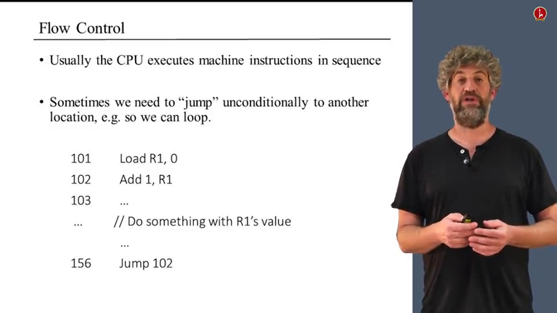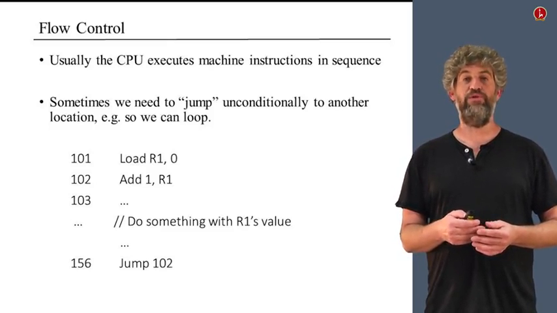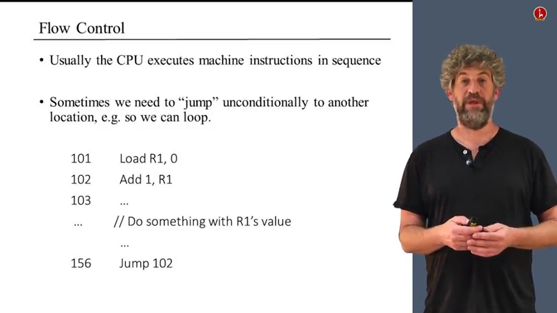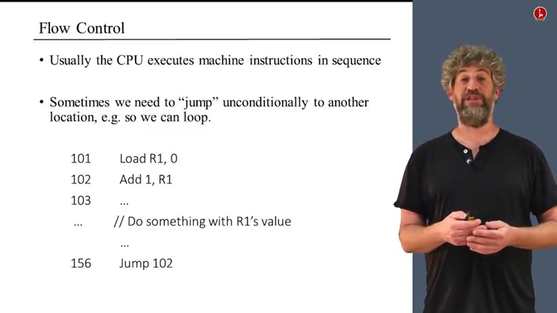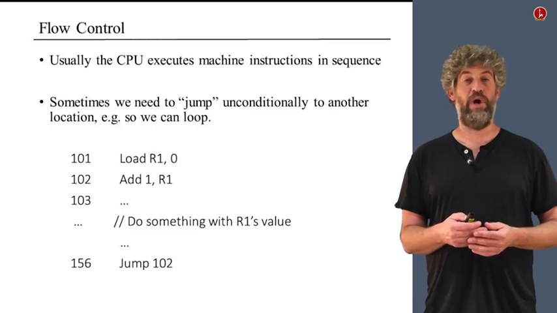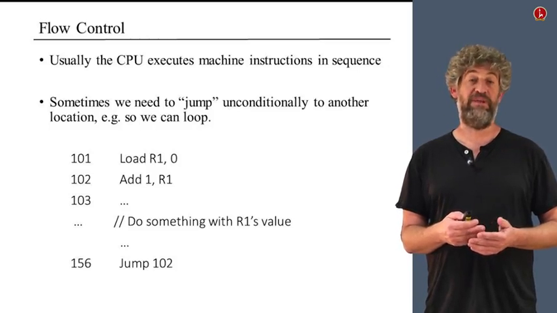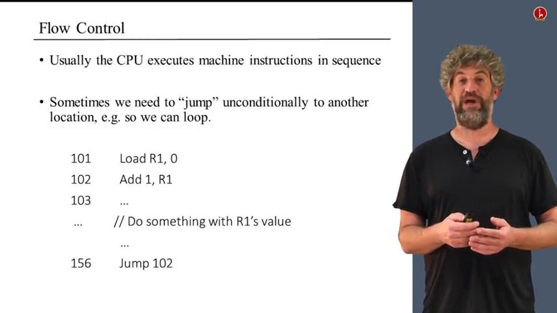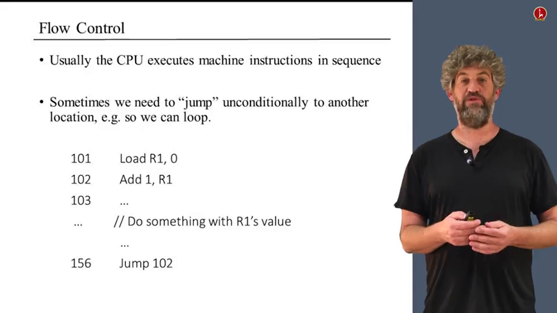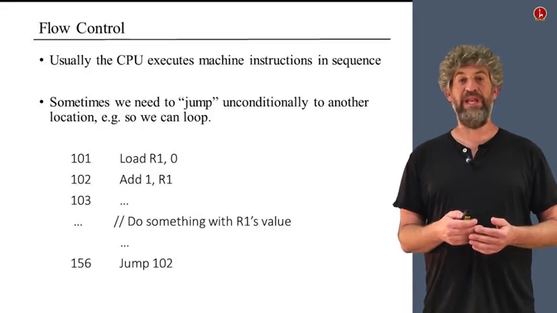Suppose we want to start and do something for values 1, 2, 3, 4, 5, 6, and so on. The way we do it, we will have some kind of register holding these values. Each time we want to add 1 to R1, let's say that is a register that we chose to hold this value, and then we do whatever we need to do with this new value. Next we want to do the same thing but with the next value of R1.